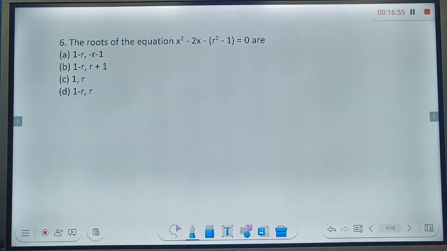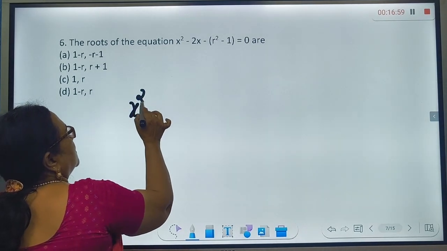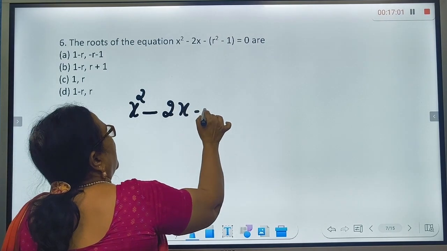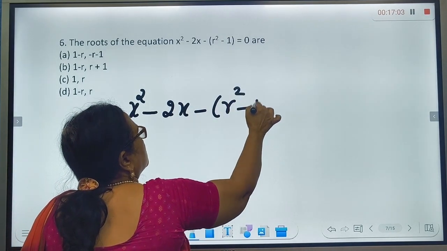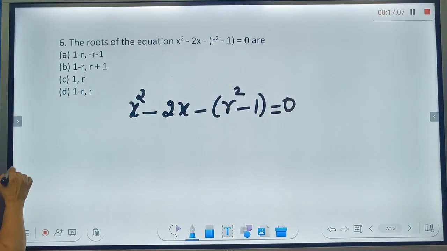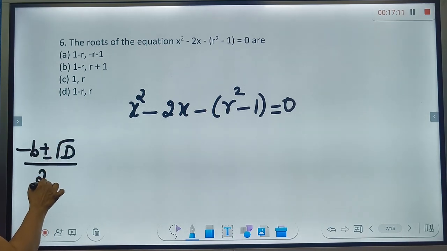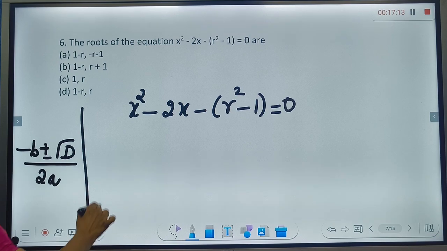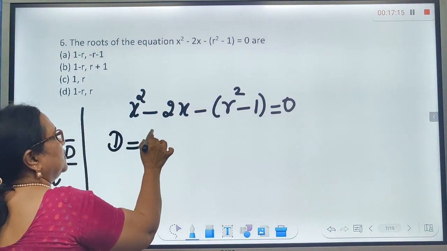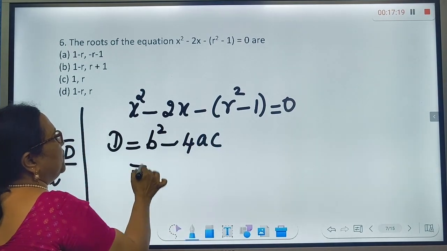What are the roots of the equation x square minus 2x minus r square minus 1 equal to 0? Let us use the quadratic formula, minus b plus or minus root of d by 2a. Now let me first find the discriminant. B square minus 4ac. What is b?